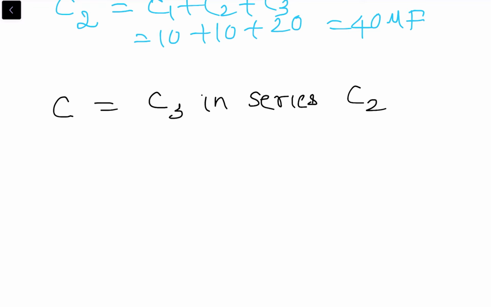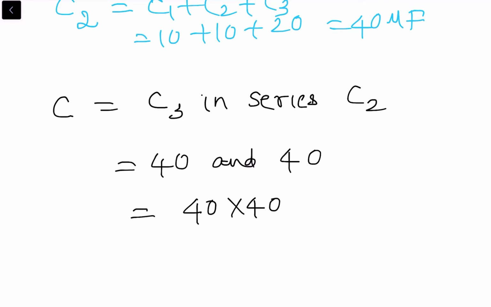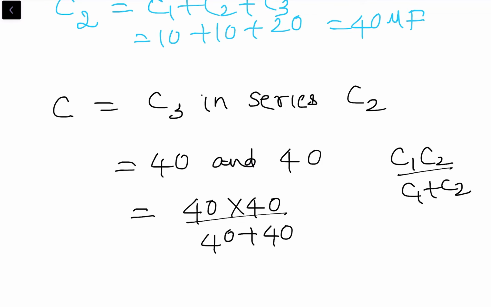So that is 40 and 40 are in series. So that means 1 by 40 plus 1 by 40, we can use a shortcut method, that is 40 into 40 by 40 plus 40. That is like when two capacitors are in series, you can use the formula C1 C2 by C1 plus C2.